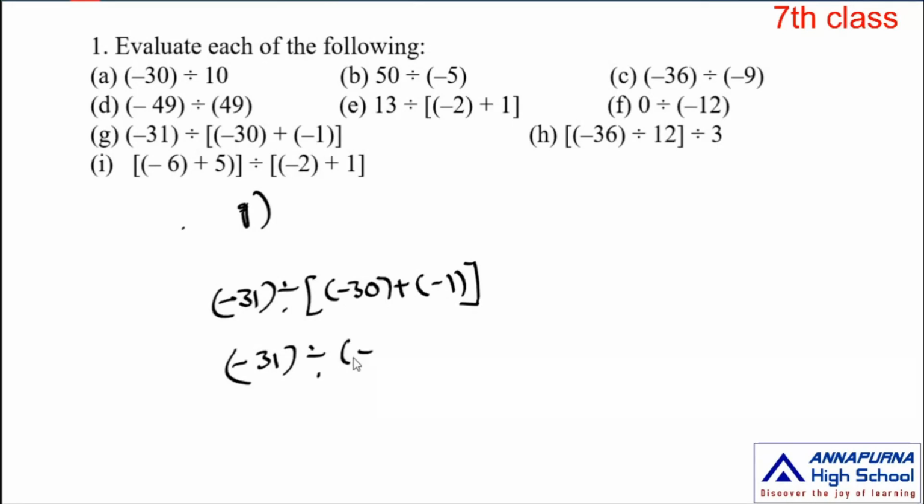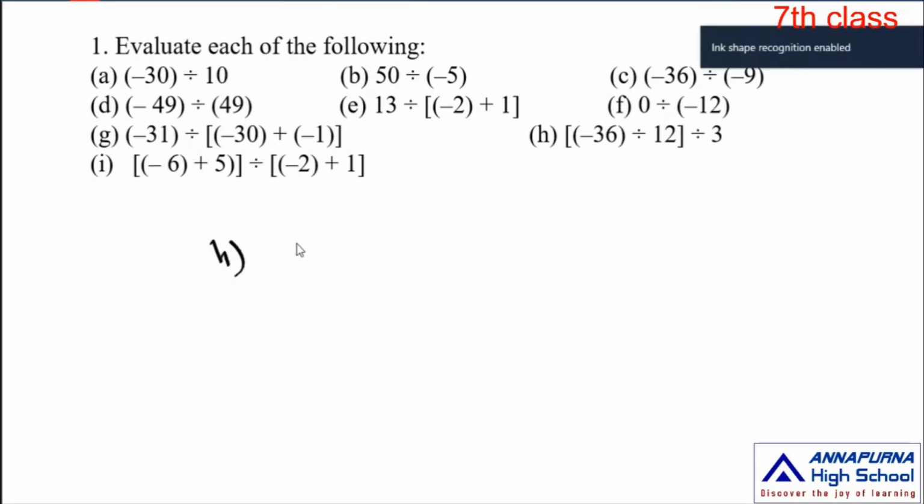Just put the negative sign and add them as whole numbers: 30 plus 1 is 31. Now minus 31 divided by minus 31. If you divide any integer by itself, how much do you get? 1 only. The quotient of two negative integers is positive only. Therefore, plus 1.